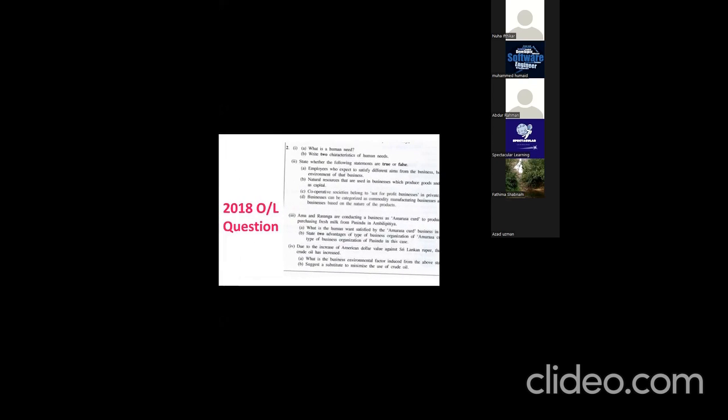So this question is taken from the 2018 O-level paper. In that the first question is, what is a human need? Who can answer this question? Requirements of human that must be fulfilled essentially for the existence.